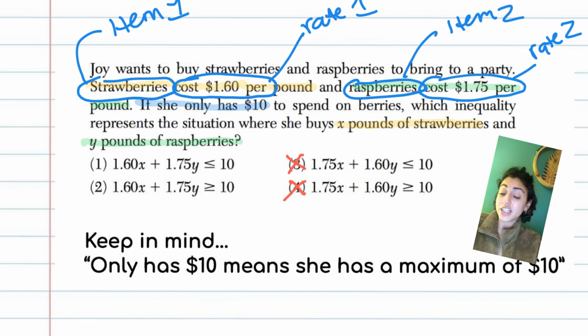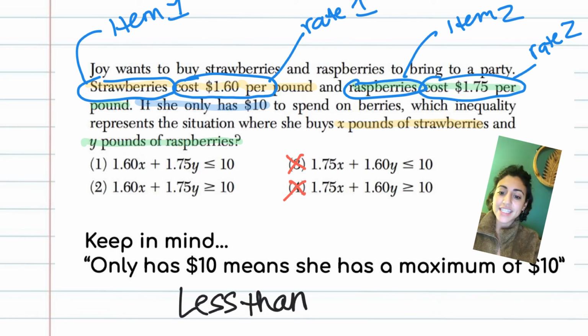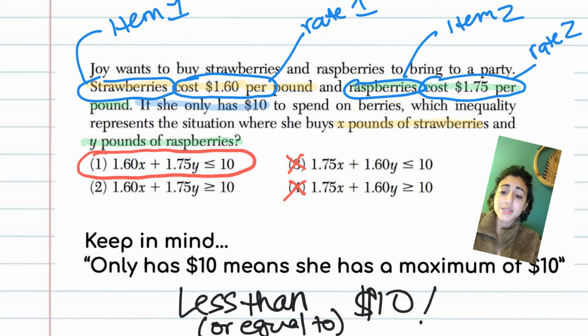She can spend $10, but she can't spend more than that. She could spend less than $10. So if she can spend less, then we have to think of which symbol goes with that, and that's answer choice 1, right? The total amount she spends for strawberries and raspberries at that rate has to be less than or equal to $10.